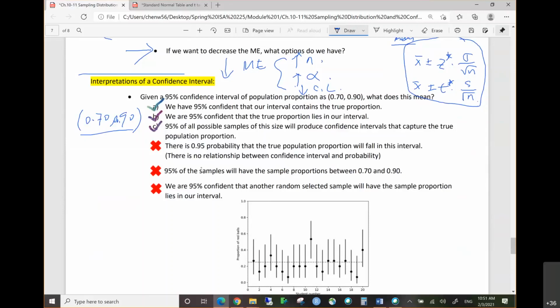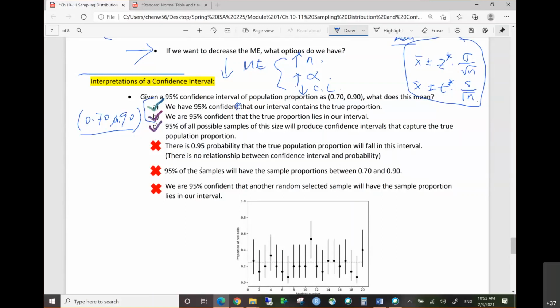All right, so here I list two good ways to interpret the confidence interval. For example, I have a 95% confidence interval for the population proportion as 0.70 to 0.90. Then what does this mean? We can say we have 95% confidence that our interval contains the true population proportion.